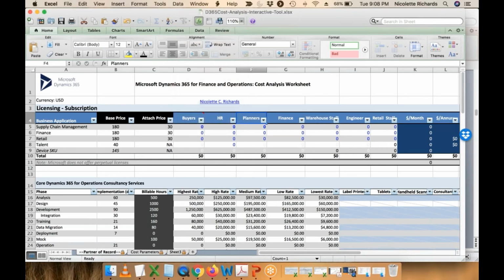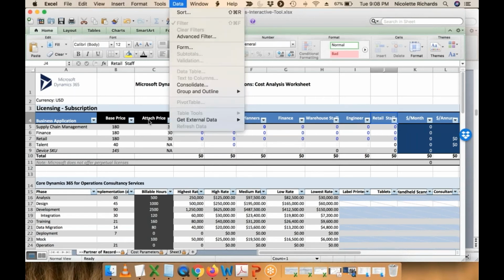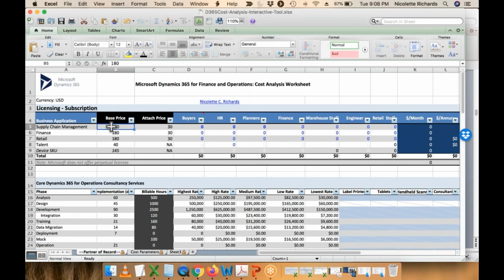Now keep in mind, Microsoft still maintains that in order to be a user of D365, you need a minimum of 20 licenses. So that's going to be 20 base licenses, no matter what those are across the organization. You need 20 of those, right? So 20 unique base licenses, 20 unique users.